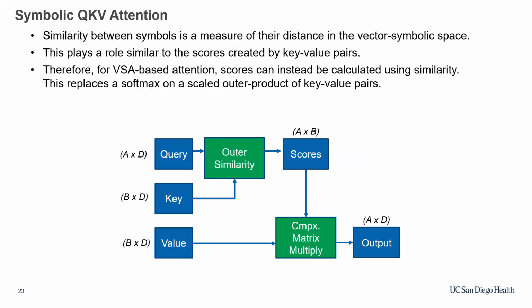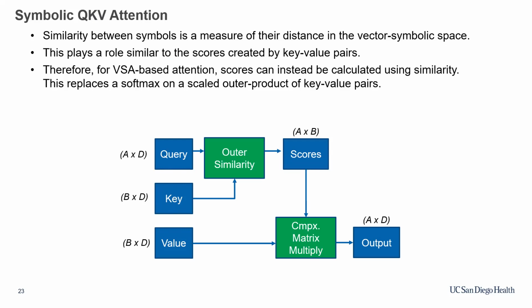One of the things I was struck by looking at attention is that the scores can potentially be replaced by the similarity operation in a vector symbolic architecture. Given this matrix which represents a set of symbols, we can again create a query and a key, but this time the inputs to both of these aren't just real valued matrices. They're matrices of symbols, on the FHRR domain.